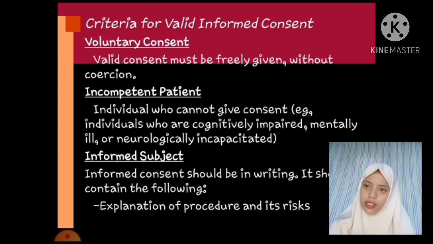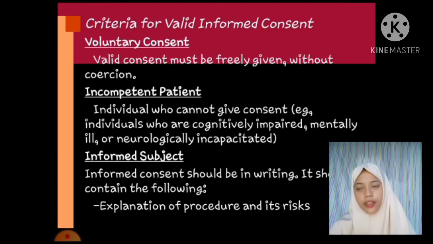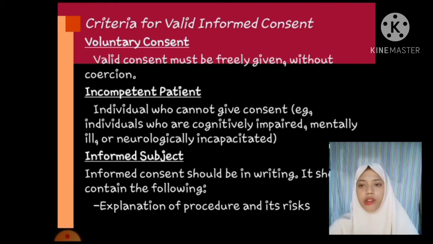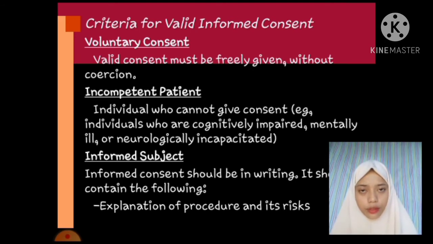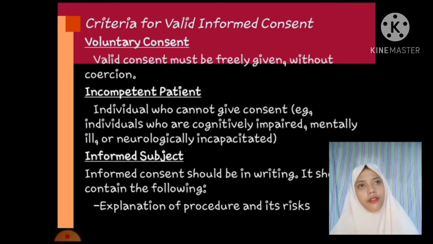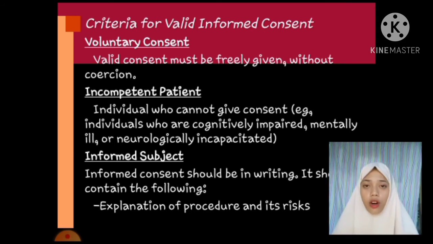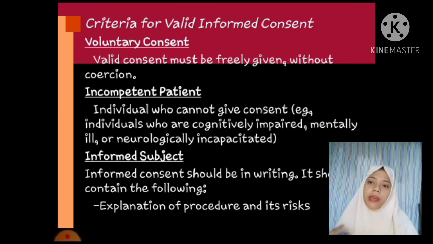Incompetent patient is an individual who cannot give consent, for example individuals who are cognitively impaired, mentally ill, or neurologically incapacitated. So dito, the patient is an individual who is unable to make decisions for himself or herself because of the disturbance in the functioning of his or her brain, like for example the mentally ill.